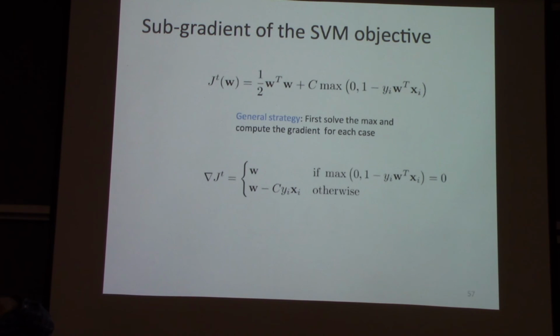We only have the first term, so the gradient is just w. On the other hand, if 1 minus y(w·x) is positive, the max is just 1 minus y(w·x). So the gradient in this case would be w minus Cyx. You just take the coefficient in front of w for the second term.